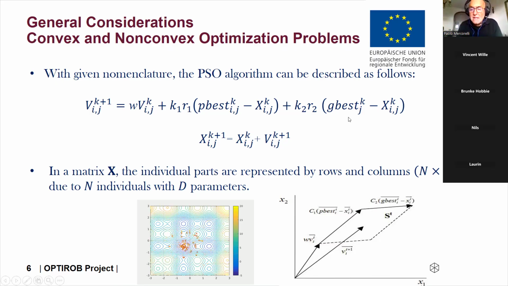Look, this expression here, I will come back to this with the software, says how I can update the matrix V. Because we can see that the matrix V k plus 1 is a function of the past velocity multiplied by W. We will see that W is a weighting parameter, which can also be adaptive.